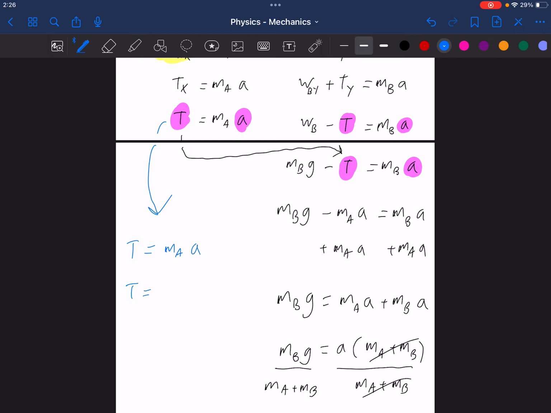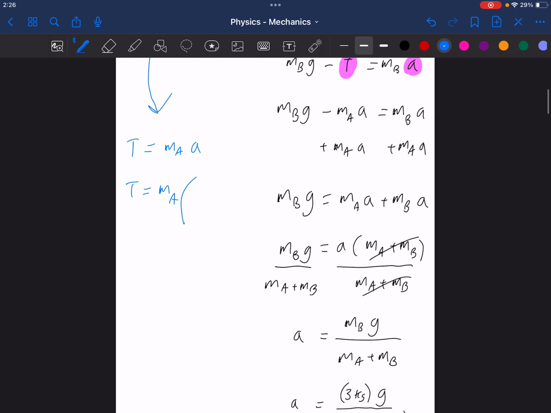So tension must equal the mass of A, and I'll plug in my equation for acceleration here, times the mass of B times g divided by the mass of A plus the mass of B. So I end up with an equation for tension. It's the mass of A times the mass of B divided by the mass of A plus the mass of B, all times g. So I get a tension equation, and I can now plug in my numbers and solve.